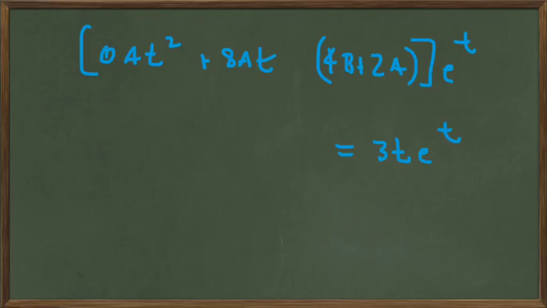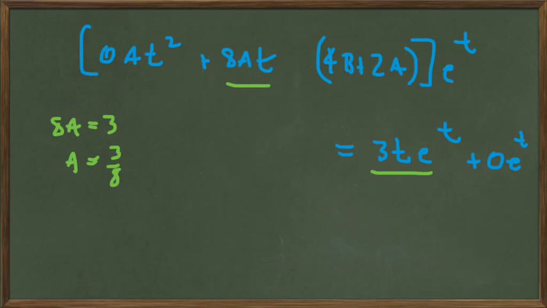So if we write that a little differently, 3t e to the t plus 0e to the t, and we equate like coefficients, we see that the 8at must equal the 3t, so 8a must equal 3, and a must equal 3/8.